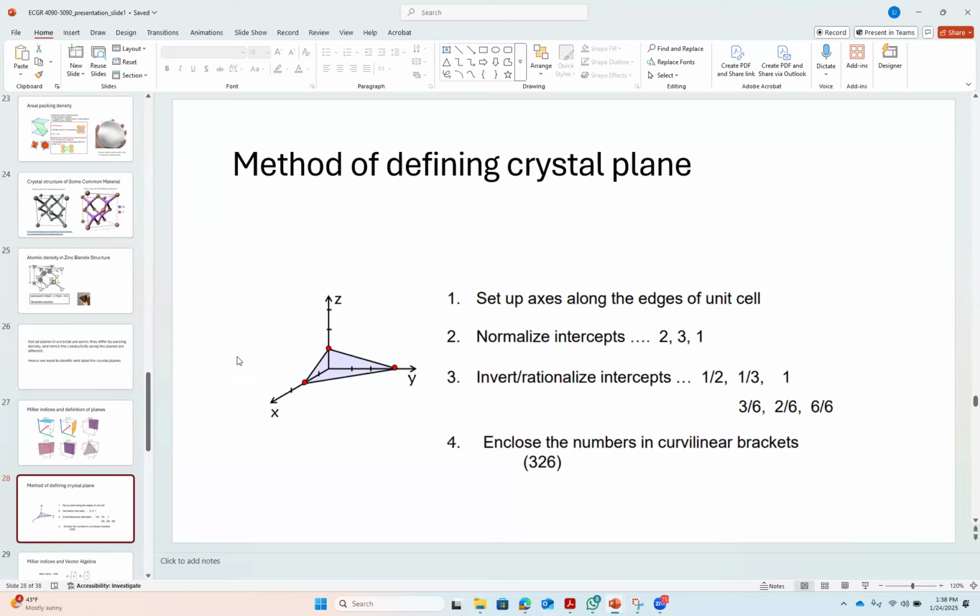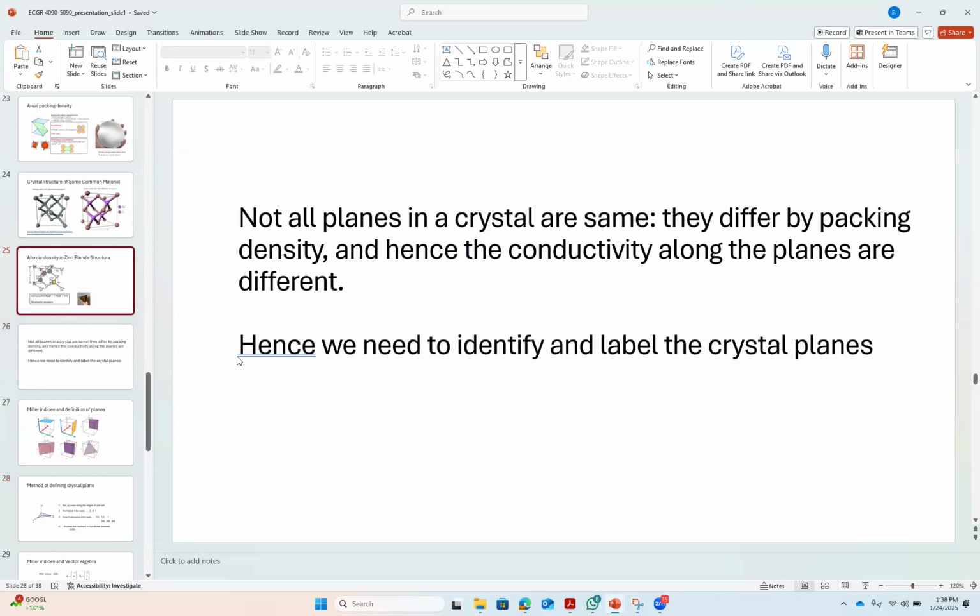All right. Do you remember why we said defining a plane is important? It's because when you look into different planes of a cube or other atomic structure, the atomic density changes. If the atomic density changes, then the electron propagation property also changes. I'm repeating this especially for people who are taking this for the first time.